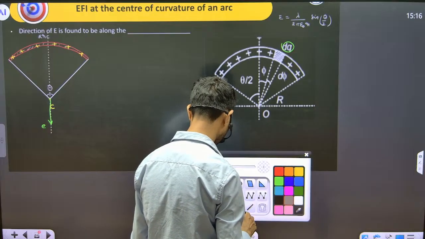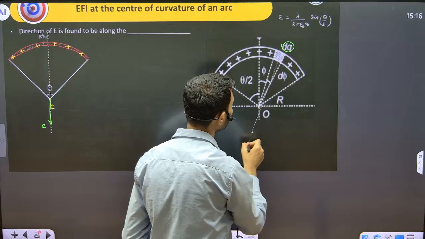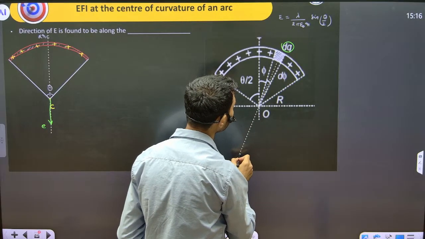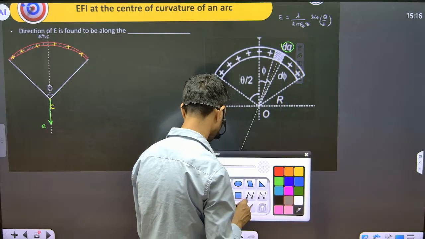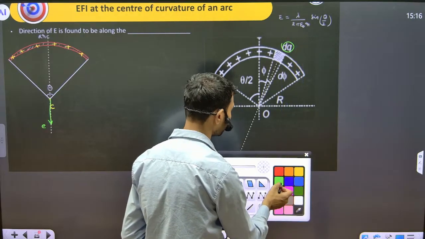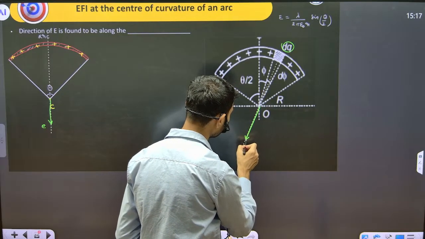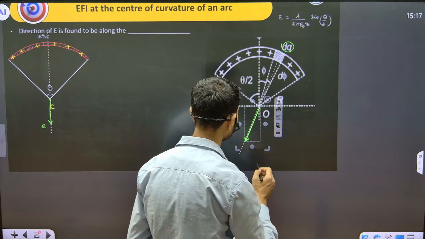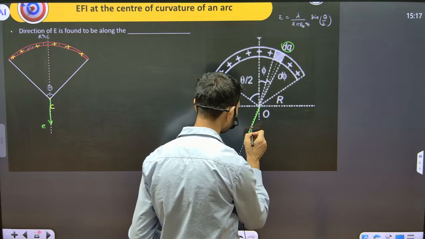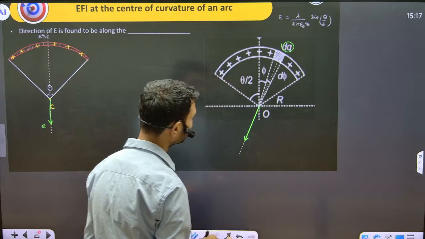As Coulomb's law tells us, it will be along this line, like this.